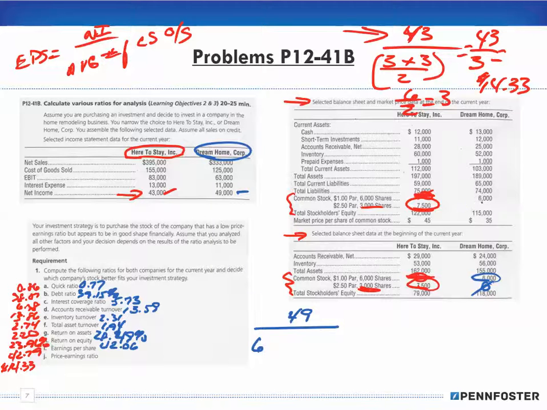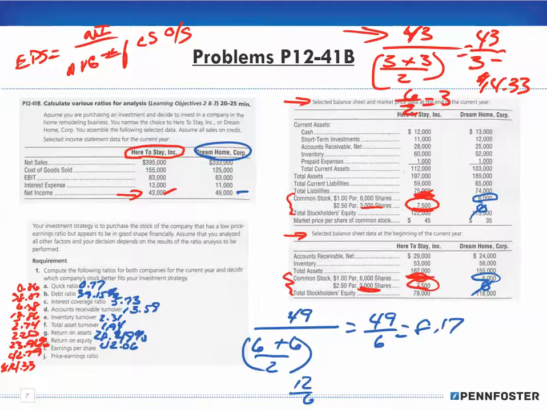When we come up to the end of the year, we still have the $6,000 of the dollar par, so that's 6,000 shares, and we have zero for the $2.50 par. So it's 6 plus 6 divided by 2. Obviously, 12 divided by 2 is 6. So we have 49 over 6, which gives us an earnings per share of 8.17.